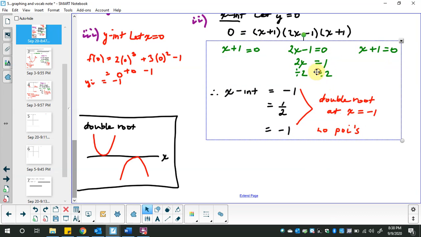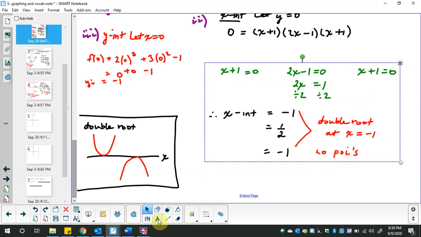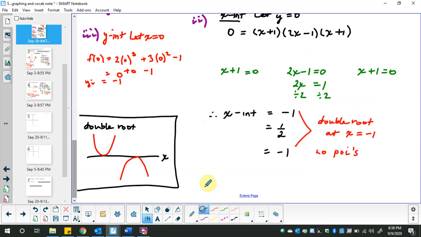Group means you have the ability to do this. And notice that the bracket of x plus 1 happens twice, so you do have an abbreviation for that. And double roots are pretty clearly recognizable here when they're written like that versus this way. But because this is squared, it happens twice and it represents a parabola-like structure.